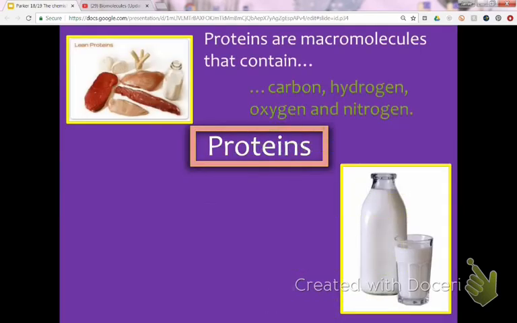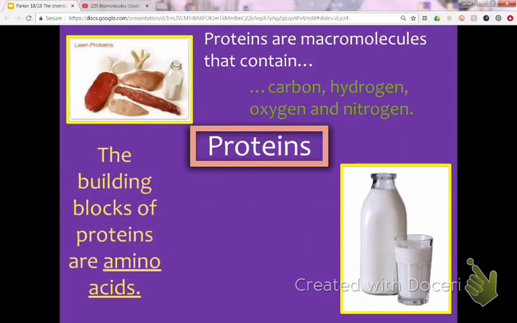Proteins. These are macromolecules that contain CHON: carbon, hydrogen, oxygen, and nitrogen. So if you want to abbreviate it, just put CHON. And the building block of proteins are what? Good job, amino acids. Hopefully you have drawn at least one of those on your paper from the foldable.